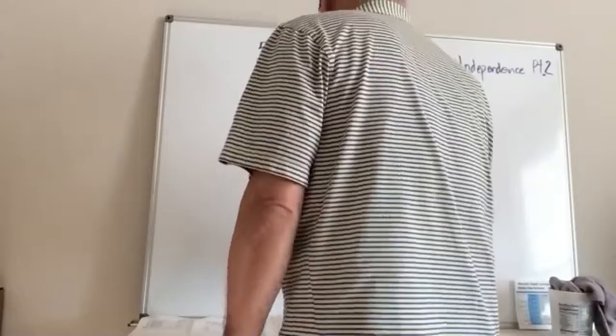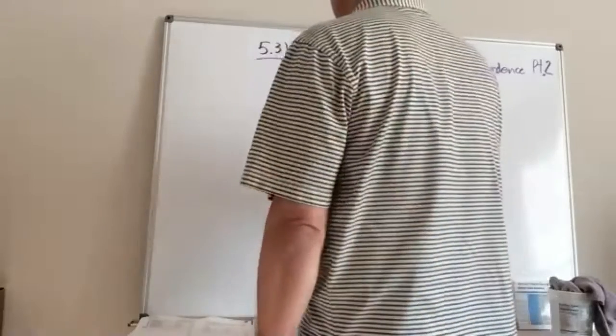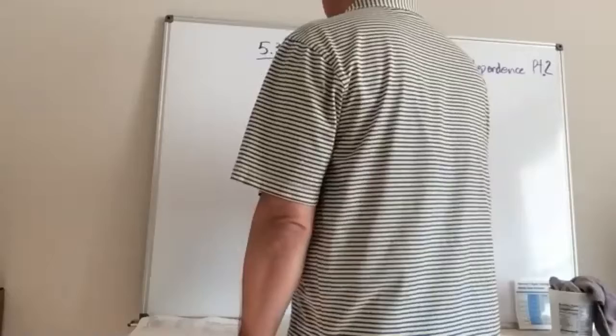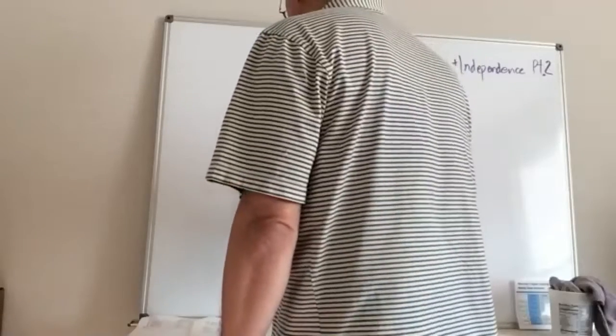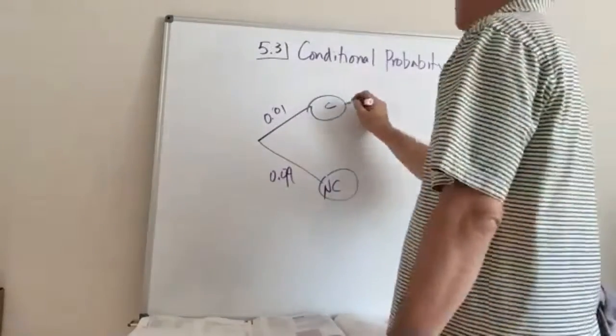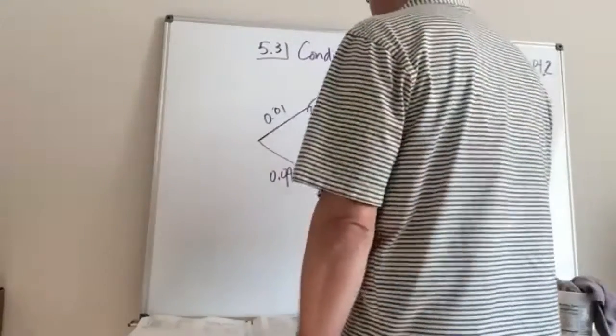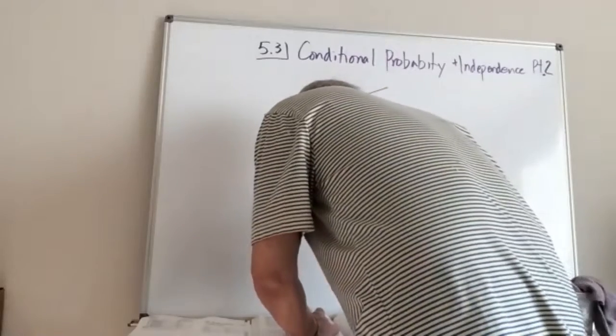0.01, I have cancer, right? Oh, the book's got it the other way around. Cancer, no cancer, okay? So now we can have a false positive, a positive, or a negative, right?